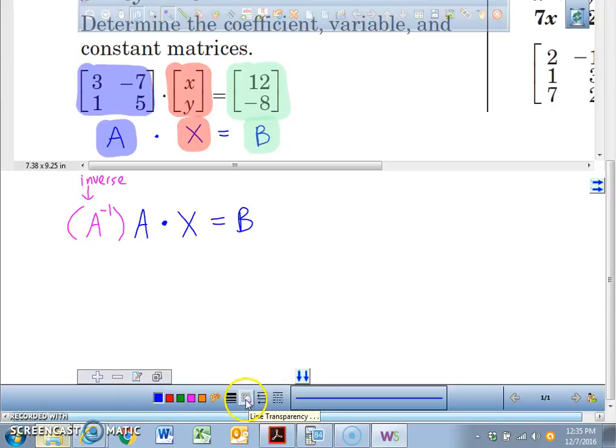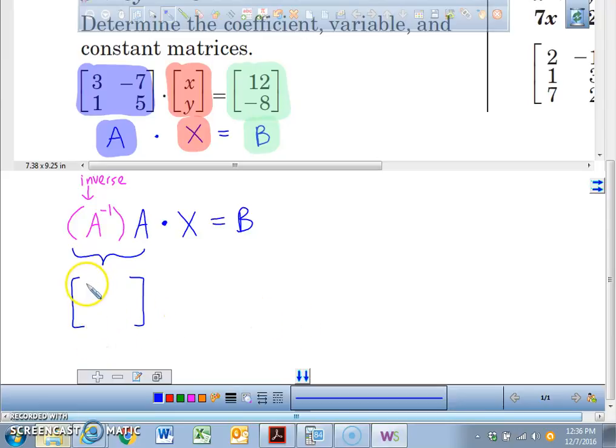Now, here's the next question. If I take an inverse and I multiply it to the matrix, these are inverses of each other, what do those always multiply to become? Not 0. Not a 1.